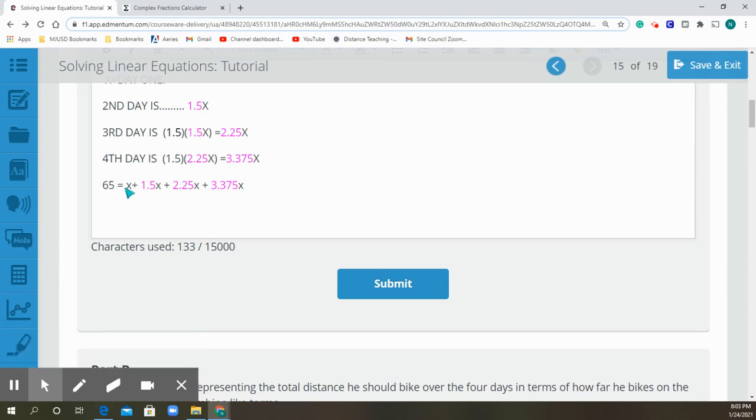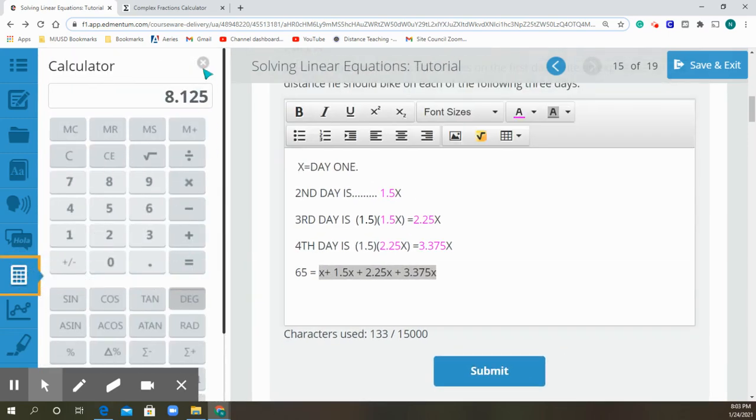To simplify, we're going to add all of these together. So on our calculator, we have 1x plus 1.5x plus 2.25x plus 3.375x equals 8.125x.